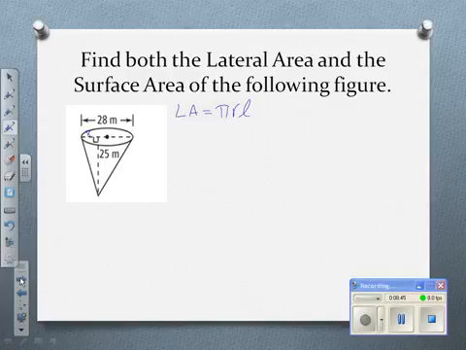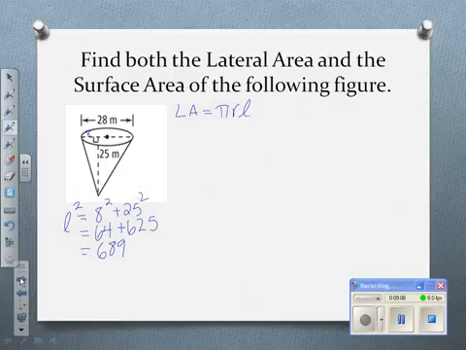So to find my slant height, again, we're going to use the Pythagorean theorem, 8 squared plus 25 squared. So 64 plus 625 is going to be 689, if I did my arithmetic correctly in my head, which you guys know I don't all the time.